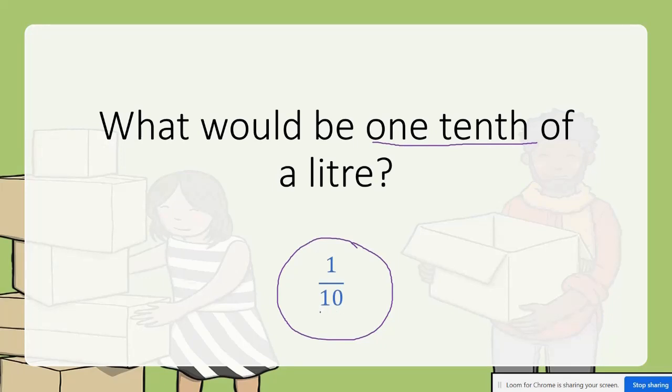So here in 1/10, the denominator tells us that a liter is getting divided into 10 parts. Like in 1/4, a liter was getting divided into 4 parts. Similarly, in 1/10, a liter is going to be divided into 10 parts. Let's see how.